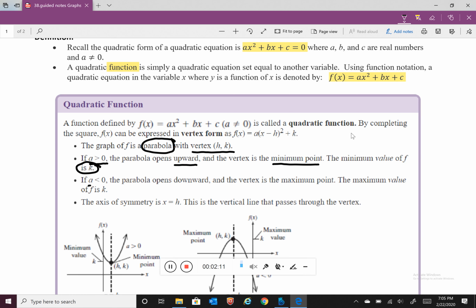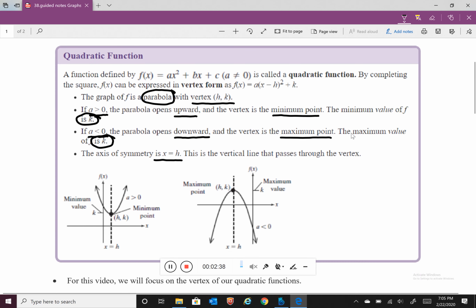If a is less than 0 or negative, then the parabola will open downward and the vertex will be a maximum point, and the maximum value of the function will be that k value again. We also have the axis of symmetry, which is the vertical line x equals h, and this vertical line will always pass right through the vertex.